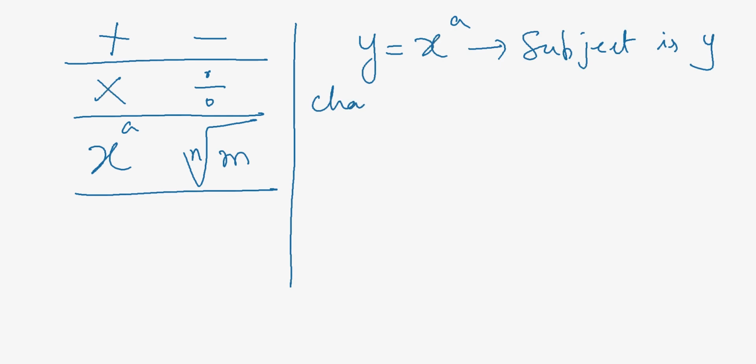Then we should know how to write it with another subject. Let's say change the subject to x, for example. Then we look at this. What is the first step? Get x to the left hand side. We swap it because the subject we are interested in is on the right hand side.